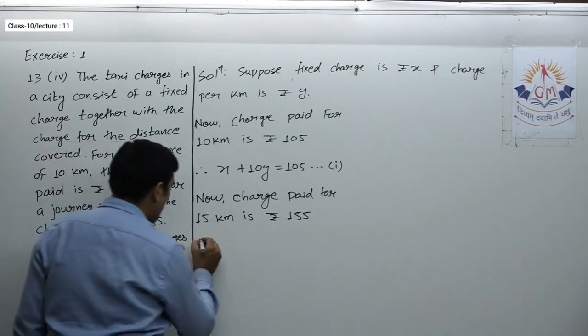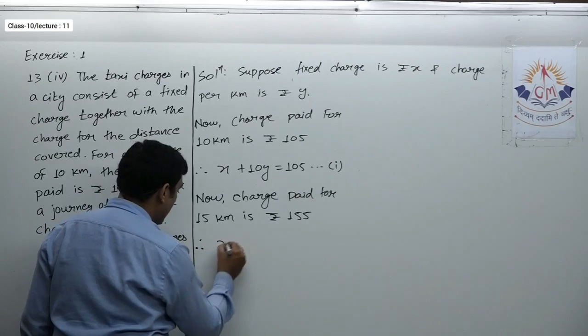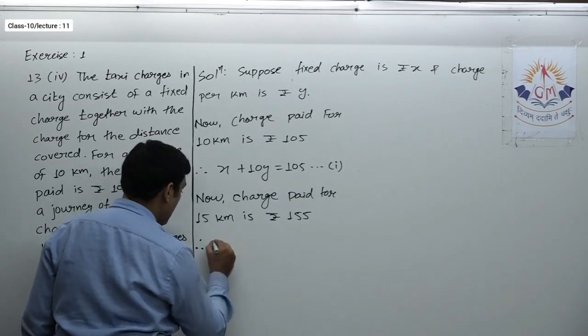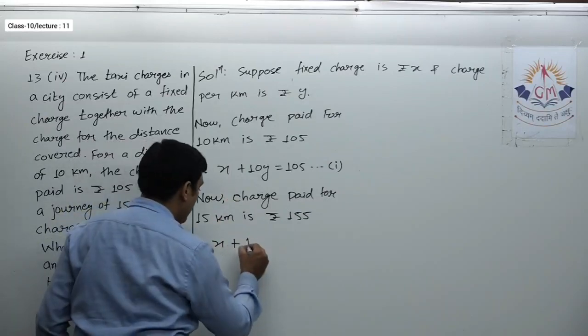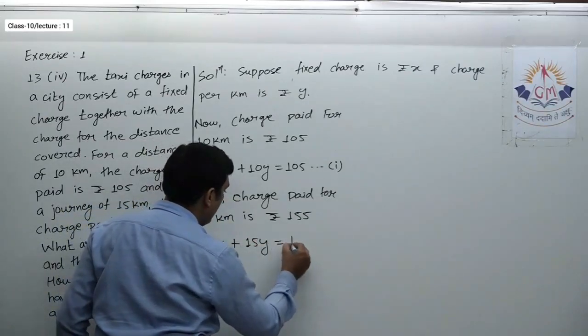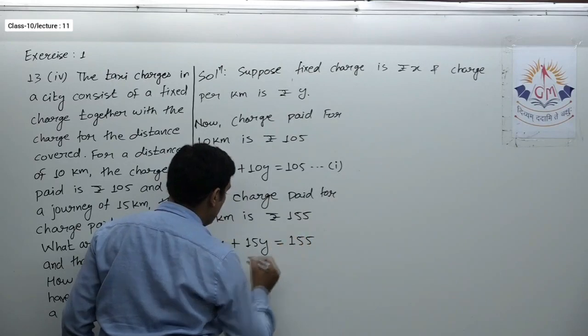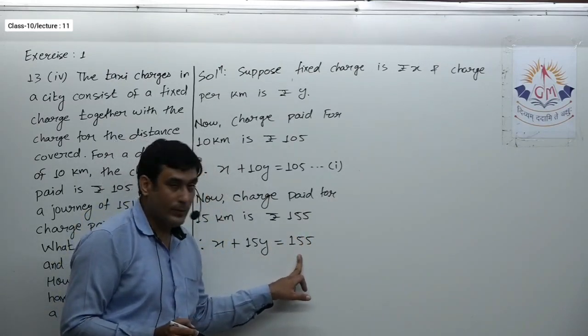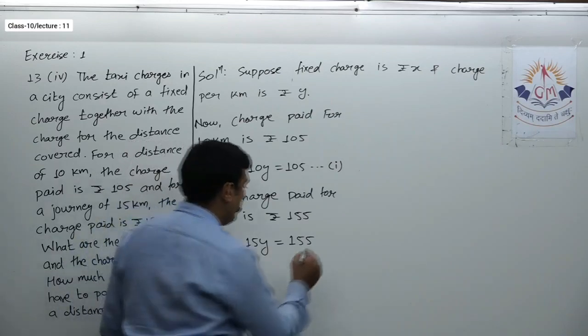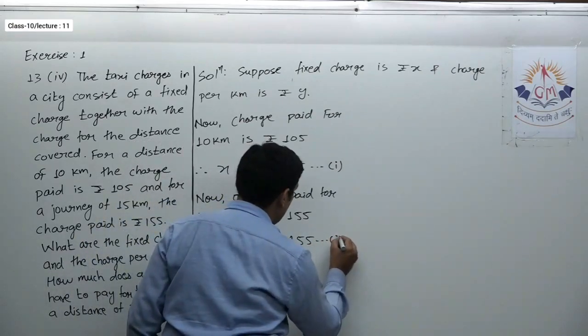Therefore, again I will take the fixed charge plus, for 1 kilometer it is y, so for 15 kilometers it will be 15 multiplied by y, and when I add these two charges, that is fixed charge and charge for 15 kilometers, the person paid rupees 155. So this gives me the second equation.